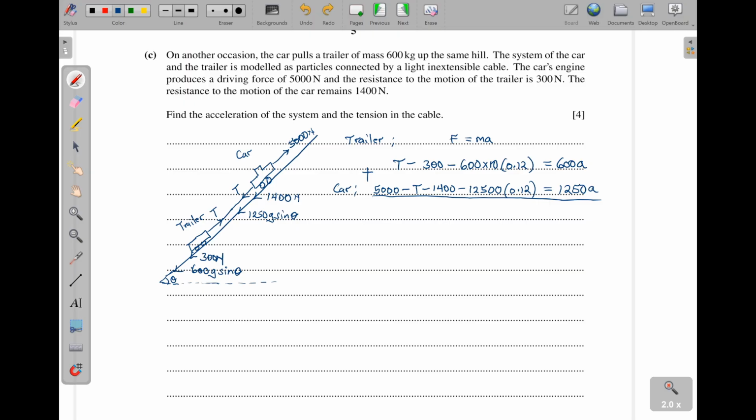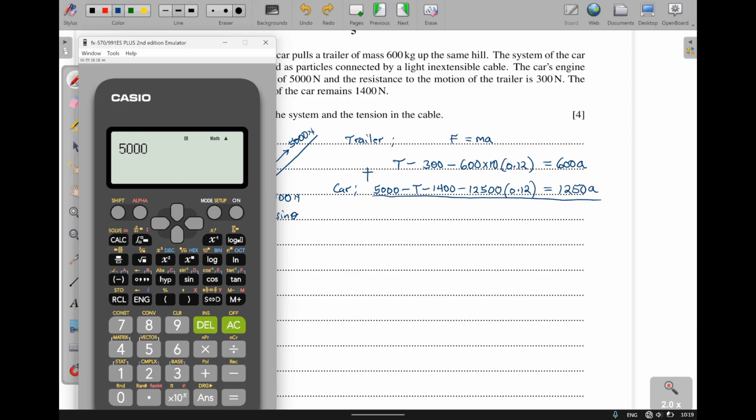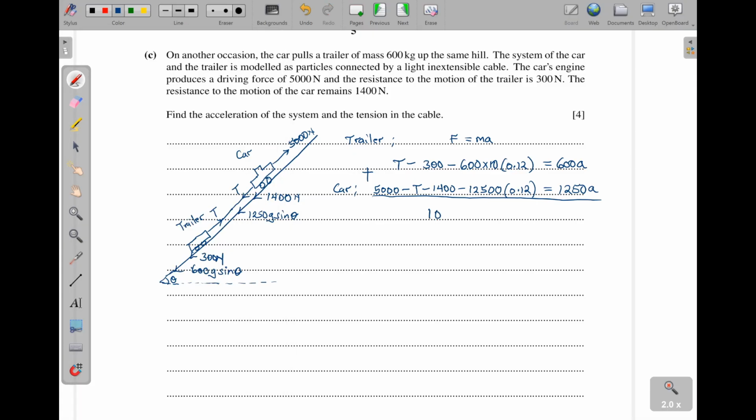Let's put everything in the calculator. I have 5,000, the positive one, minus 1400, minus 12500 into 0.12, then minus 300, and also minus 6,000 into 0.12. Altogether, this is 1080 on the left. On the other side, when I add 600 to 1250, we get 1850 a.